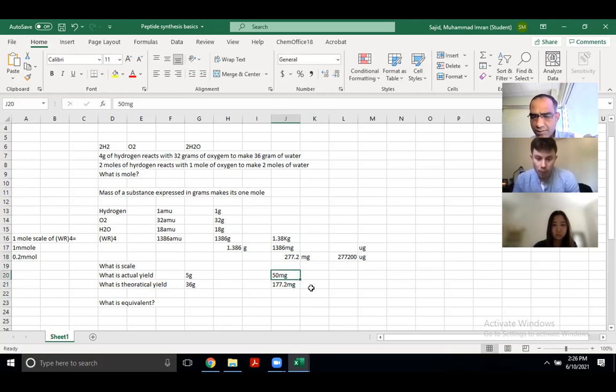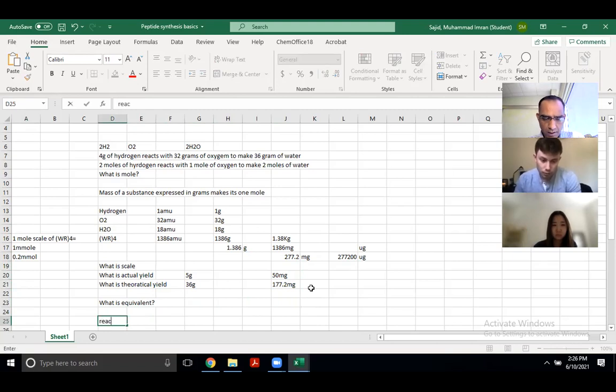You divide the actual yield by the theoretical yield multiplied by 100. That will become your reaction efficiency. So reaction efficiency equals actual yield divided by theoretical yield multiplied by 100.